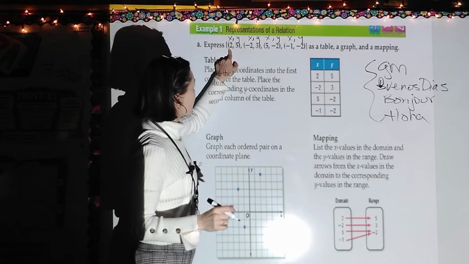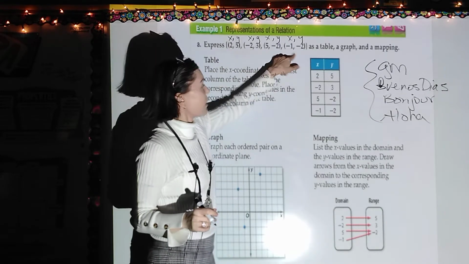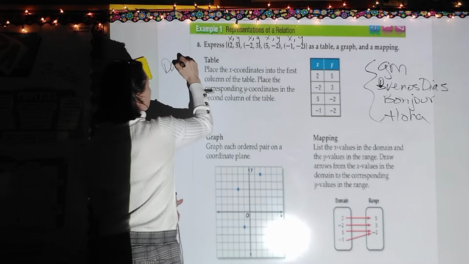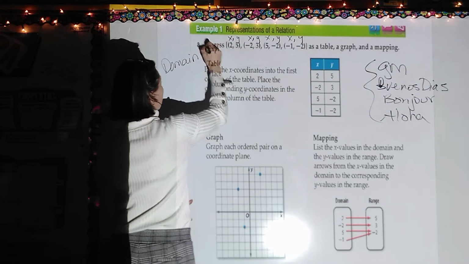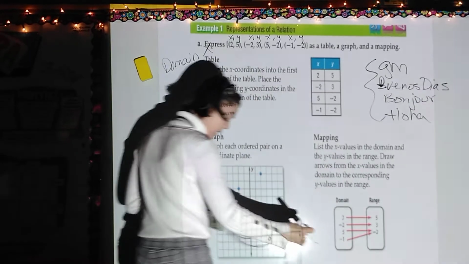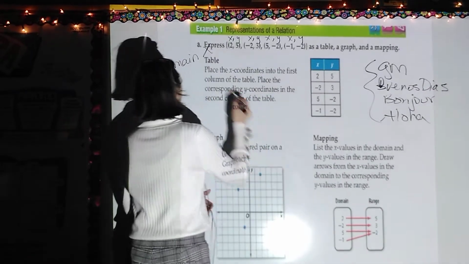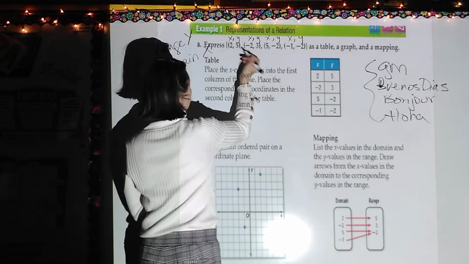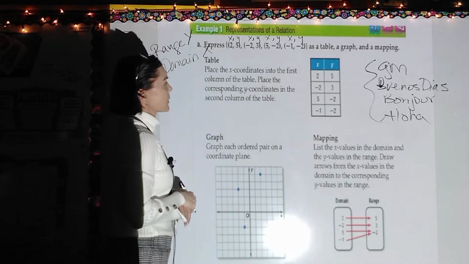Because these are your X values, and remember, your X values are what? Your domain. Write that down. And then your range is your Y values, okay, your Y values.